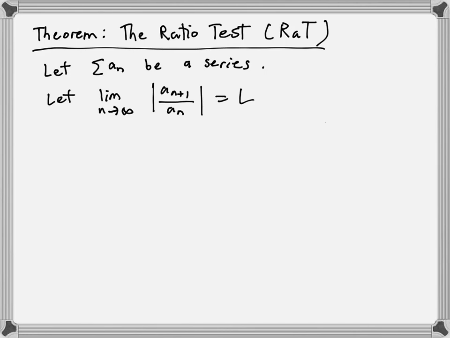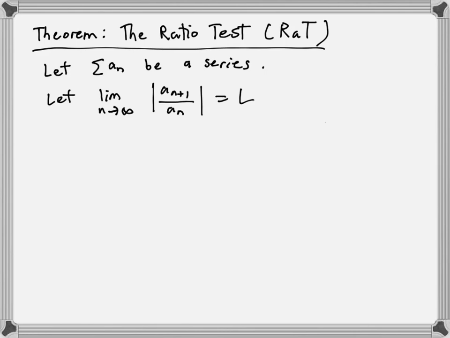So it depends on how small things are, but 1 appears to be the magic number, because if you're bigger than 1, then that means that the guy on top is essentially being multiplied by a constant. So each term is being multiplied by a constant as you go further and further out. In other words, the terms are getting bigger and bigger, and so there's no way it can converge.